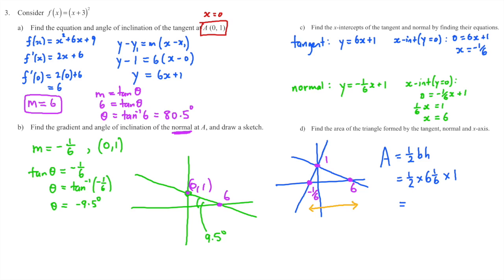So we do a half times 6 and 1/6. When you put that into the calculator, you'll end up with 37 over 12, or 3 1/12 units squared. That's the area of the triangle. Quite a challenging little question, that one.